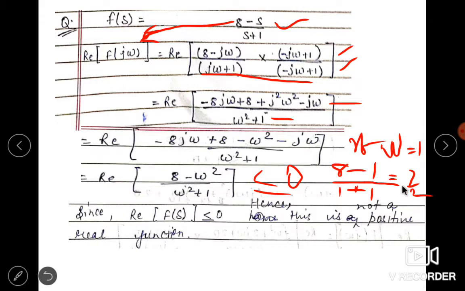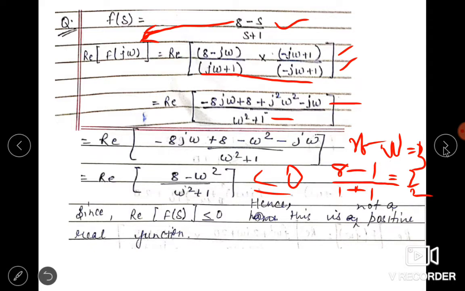It is okay. If omega is equal to 3, or if omega is equal to any real positive number, then the total value is less than equal to 0. So hence this means it is not a positive real function, right? So this is the method which you have to satisfy in this equation, right?